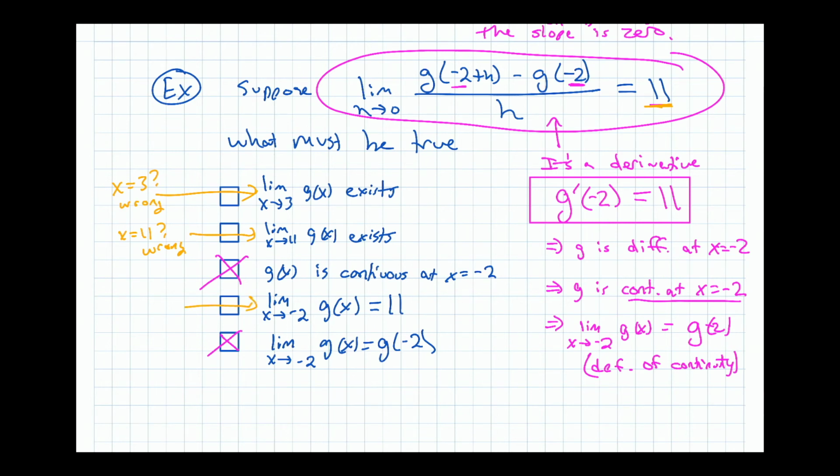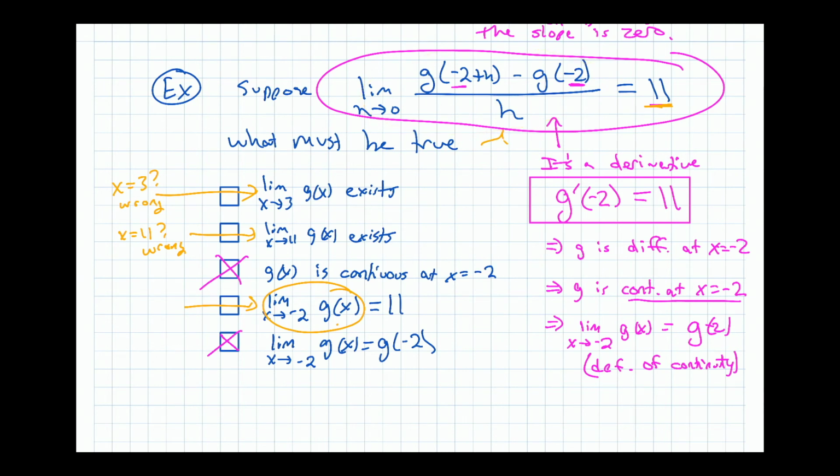Now what about this one? Well, this one says the limit as x goes to -2 of g of x is 11. No, right? This is not 11. This is 11. Why would this little one be 11 just because this big one up here was 11? No reason for that.